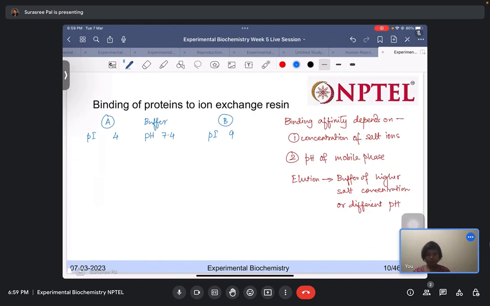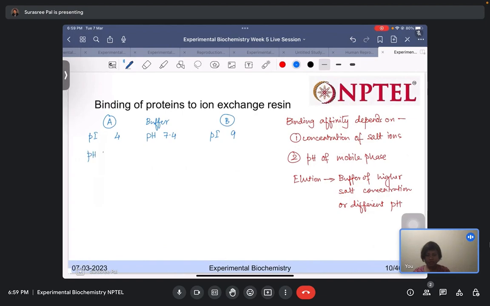We know that if pH is less than pI, then the protein is positively charged, or exists as a cation, and if pH is greater than pI, then the protein will exist as an anion, right?